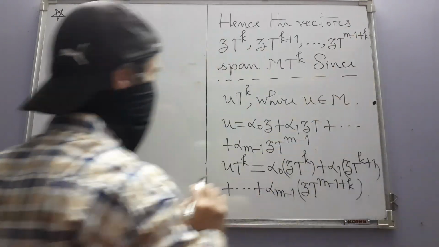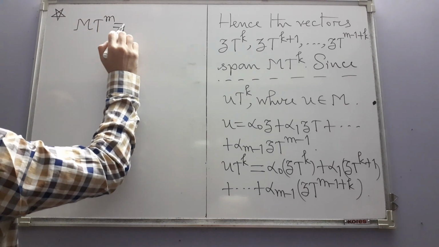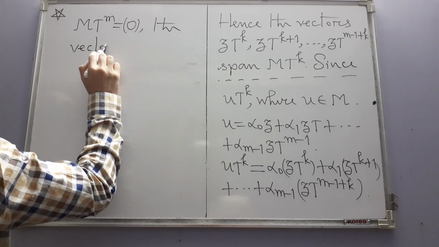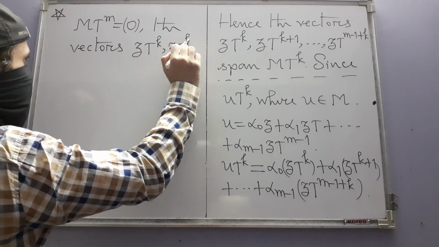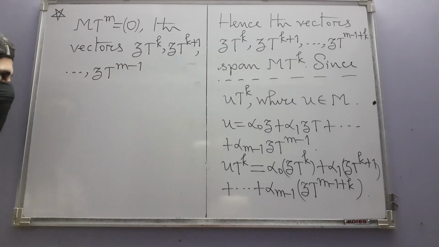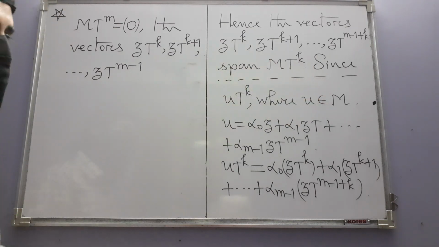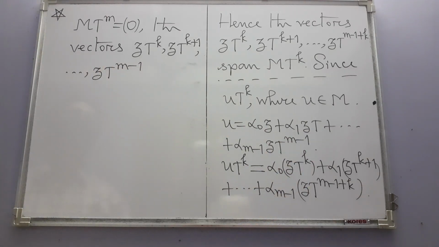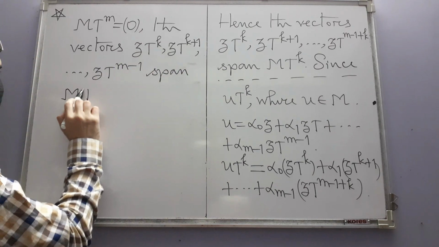Since M t to the power m is 0, the vectors t to the power k, t to the power k plus 1, and so on, t to the power m minus 1, they also will generate, means will span M t to the power k, because the other vectors that may come after this term are all 0. Okay, so they also span this.